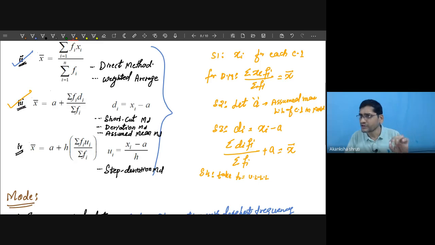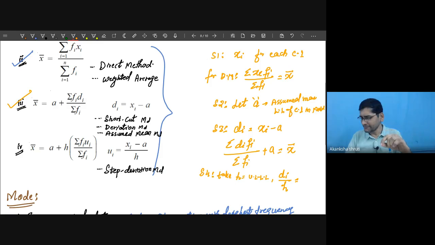It is the same for all the class intervals. Then for each class interval you have to divide the deviation by this h. This deviation is called a step deviation.